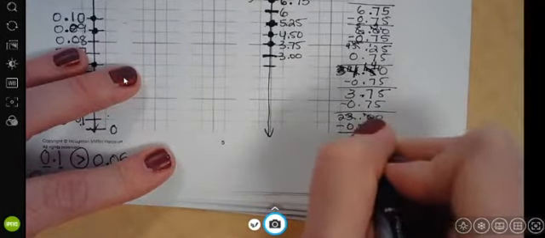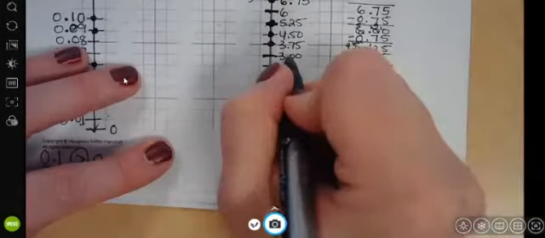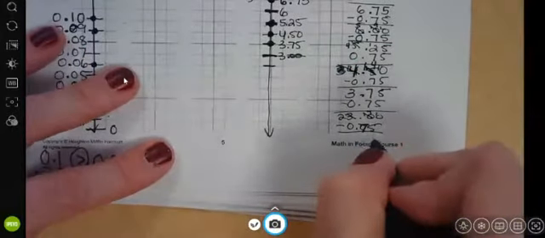And you should see the pattern with your decimals coming. And again, you don't have to have that 0 on the 3 either.